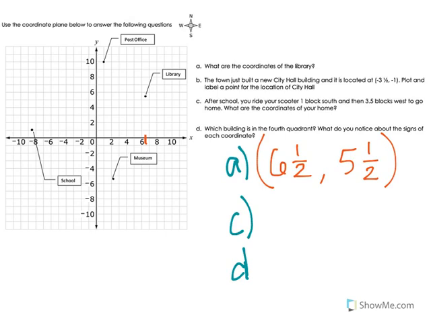So if I'm at -3 and I need to go to -3 1/2, I'm going to be halfway between -3 and -4. So about right there. And then I need to go down 1 because the y coordinate is -1. So right there.